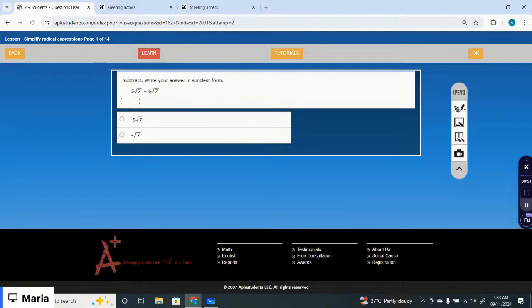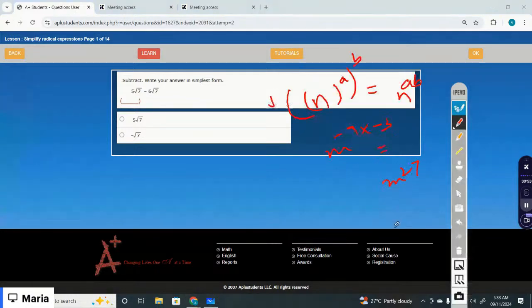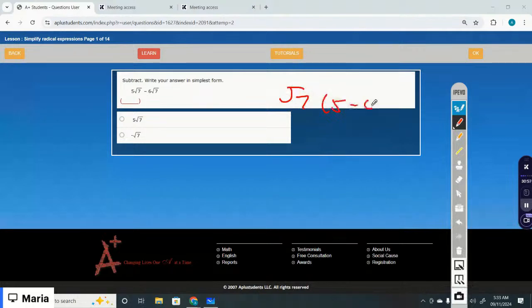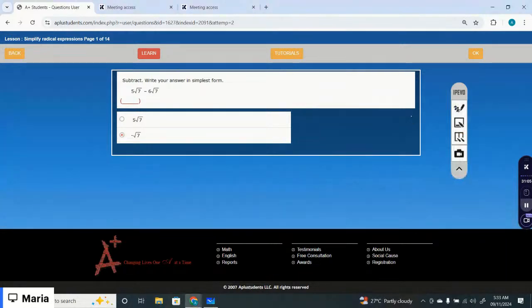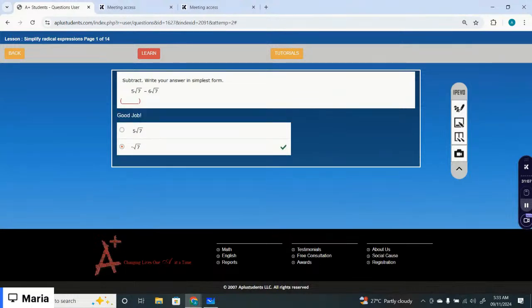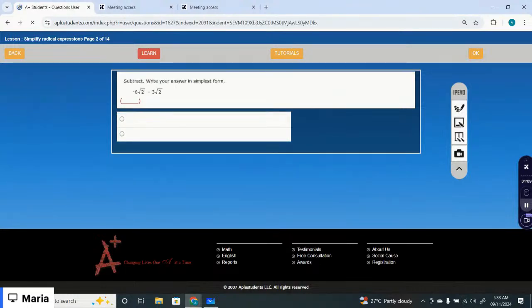5 square root 7 minus 6 square root 7. So you can take the square root common, and then you are left with 5 minus 6. So 5 minus 6 is negative 1. So that is negative square root 7. Option number 2 is the correct option. Negative 6 square root 2 minus 3 square root 2.